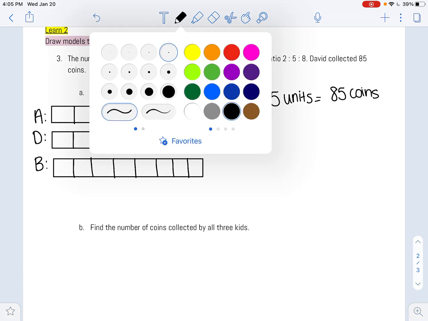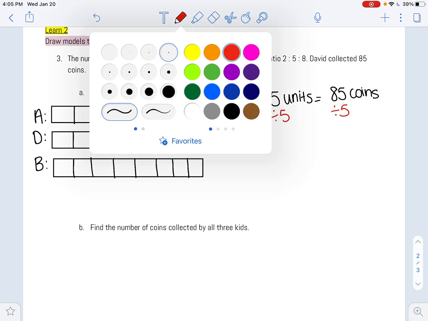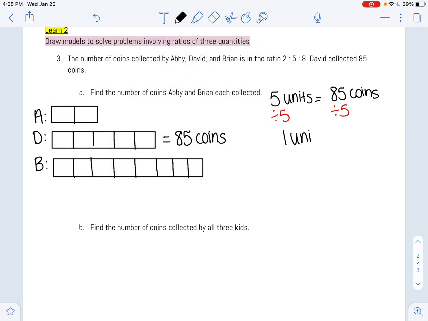I want to know just for one box, so I'm going to divide by 5 on both sides. So 1 unit equals 17 coins. So every single box in my picture is going to be worth 17 coins.